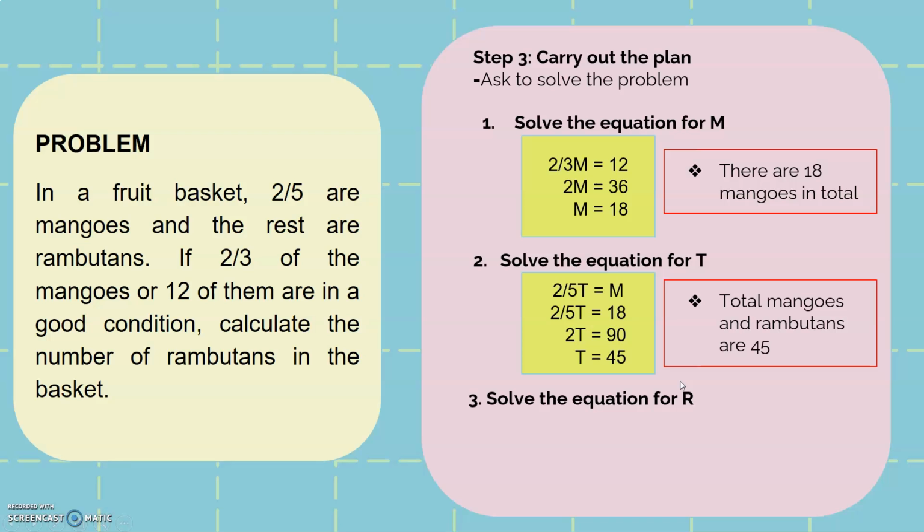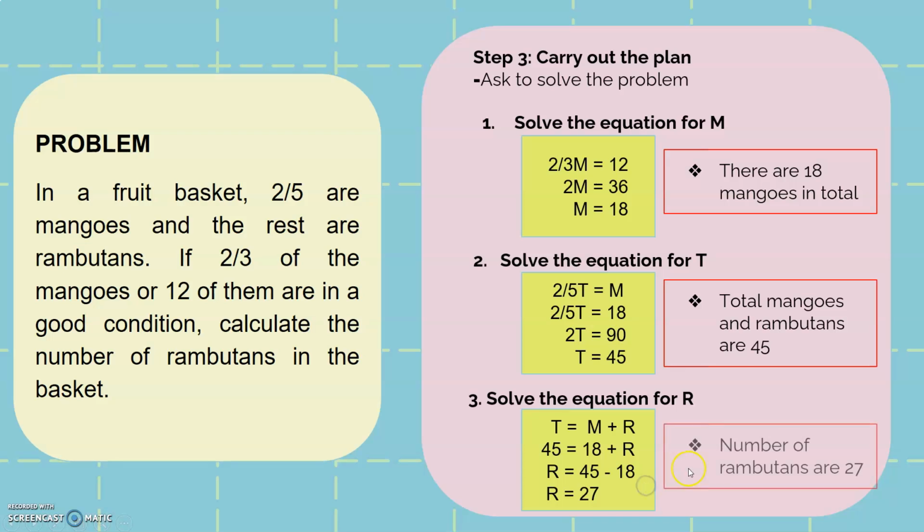They use t = m + r, so r = 45 minus 18, and r is 27. They conclude that the number of rambutans is 27. So this is the answer.